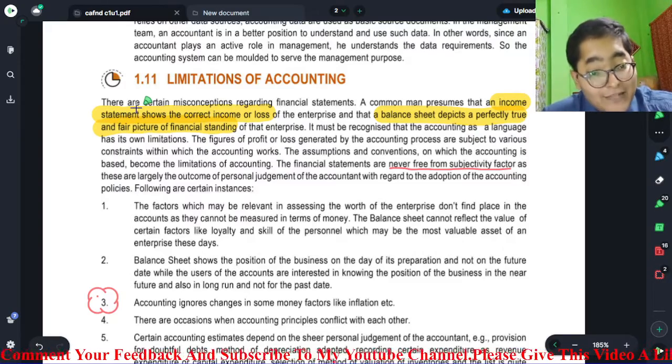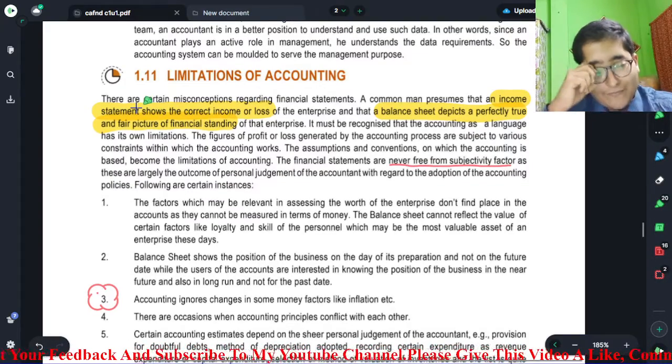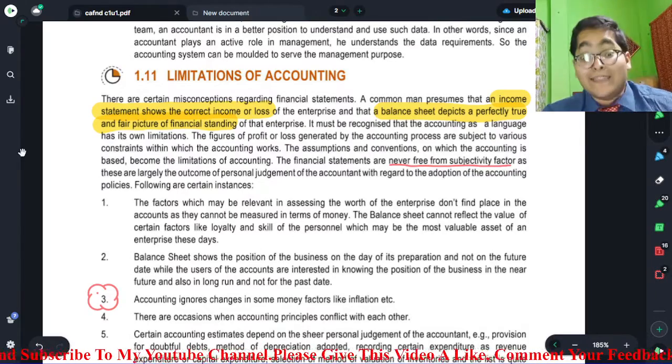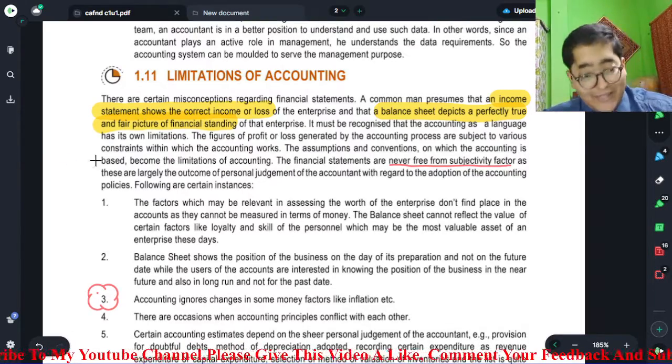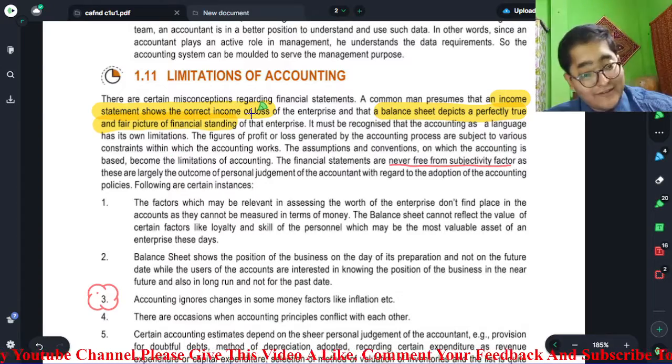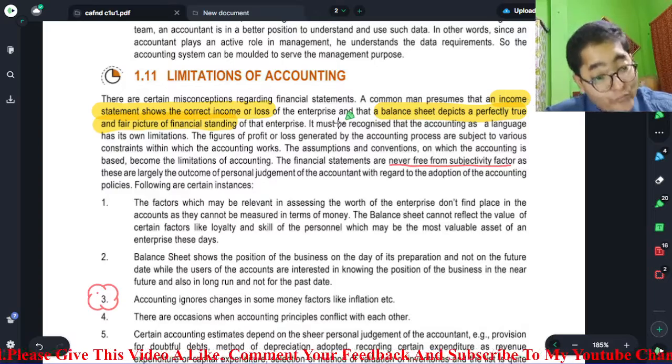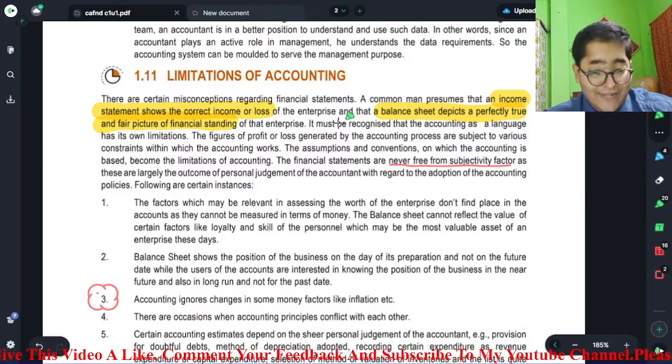Now comes the limitations of accounting. Income statement. There is a misconception among the public. The income statement shows correct income or loss. A balance sheet depicts a perfectly true and fair picture of the financial standing.